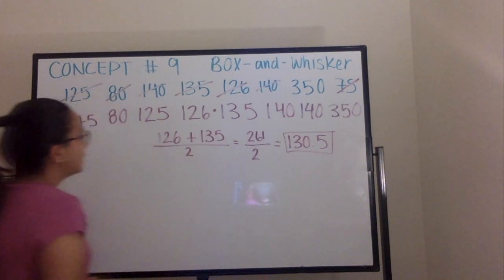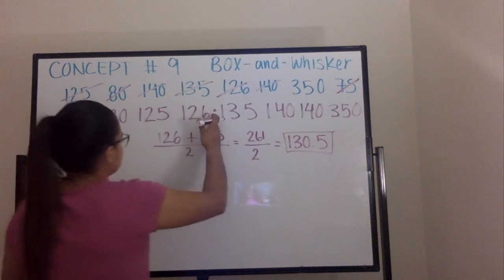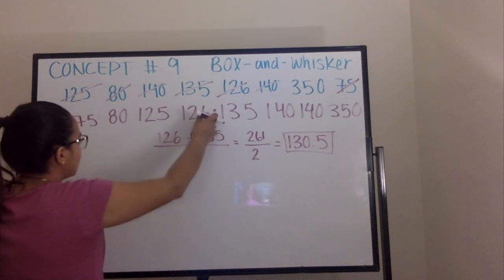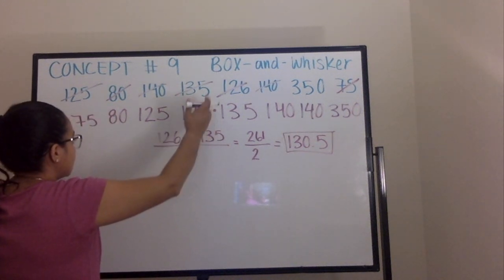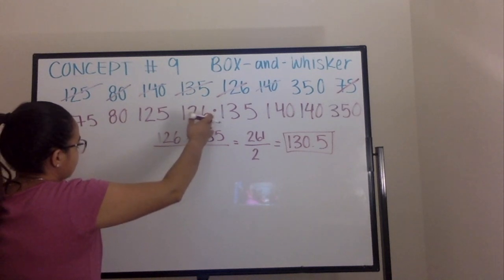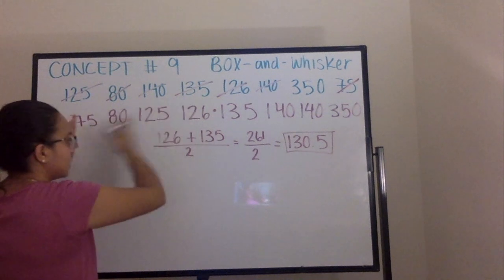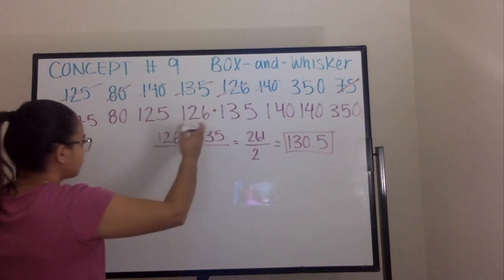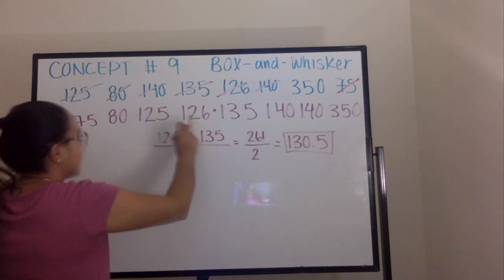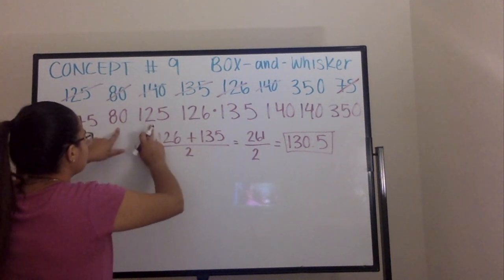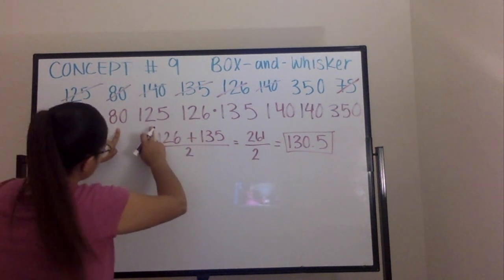Now that we know where our middle is, this is quartile 1, which is the smaller half. Now what we're going to do is find the median of this smaller half. Again, we have an even number, so let's find our middle numbers, which in this case are 80 and 125.